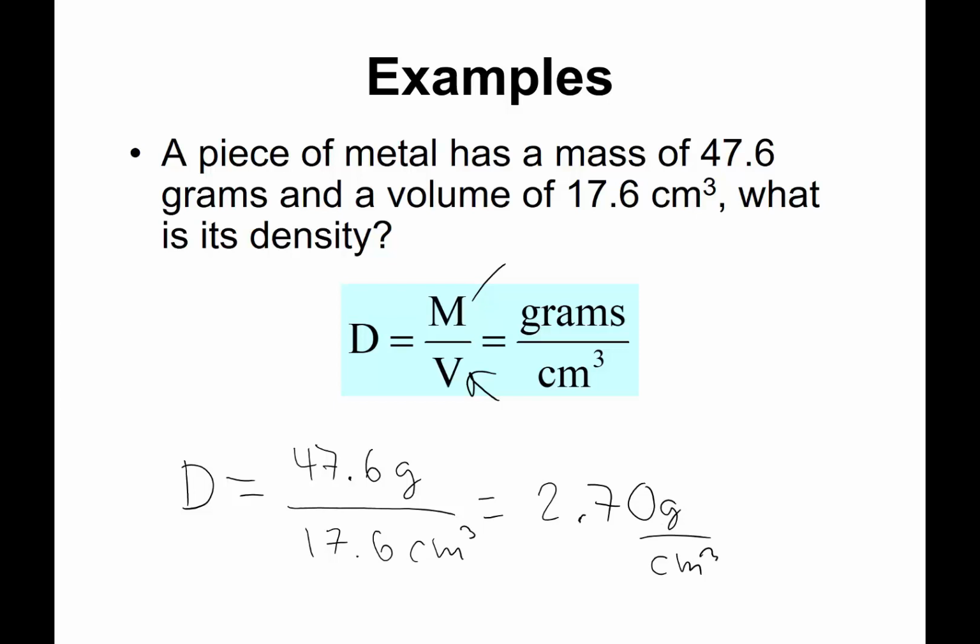And usually, even if the metal or the solid is irregularly shaped, if it's a solid, we report the units in cubic centimeters. If it's a liquid, we report it in milliliters.